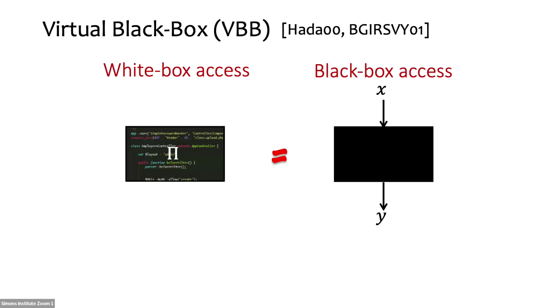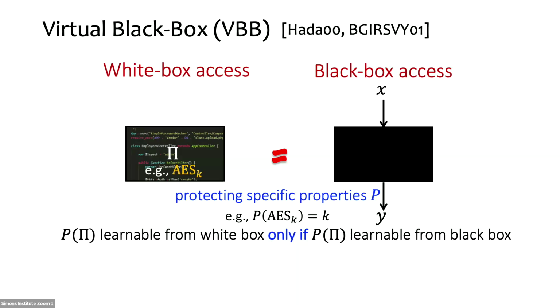Nevertheless, perhaps ideal obfuscation is simply too strong, and we can still hope that the FAST program can act like a virtual black box as we would like for hiding very specific properties of the program. For example, I can consider the property that for AES with a key K, the property is recovering the key.